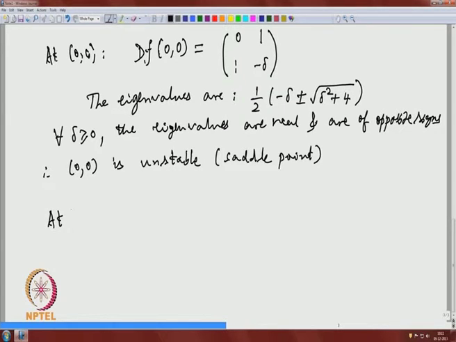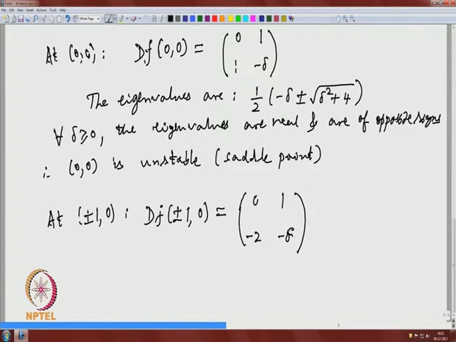And at plus or minus 1, since the Jacobian has an x square term, it is the same. So, df at plus or minus 1 0 is just 0 1, now it is minus 2 and minus delta, since 1 minus 3x square gives minus 2.